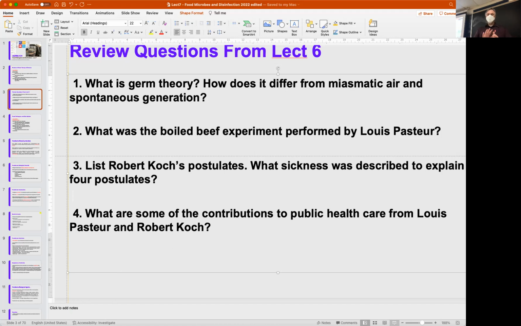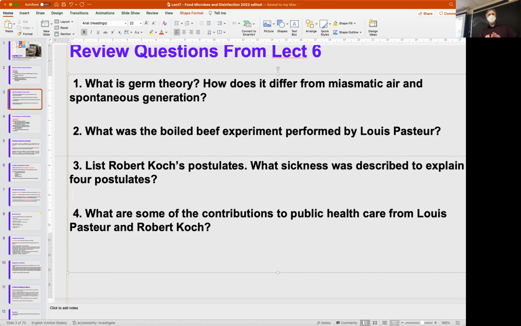First postulate, maybe I'll just go over them. First postulate, you isolate bacteria from an organism that was killed by disease. Second postulate, you put it into a living host.